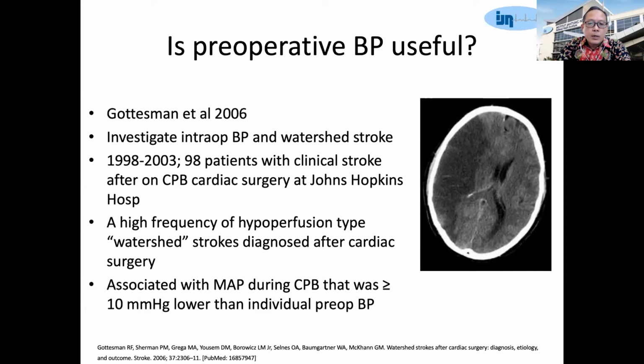When he looked back, he found that the stroke happened even when the intra-op blood pressure was merely less than 10 millimeters of mercury lower than the individual preoperative blood pressure. So certainly, the preoperative blood pressure is not going to be useful for us to determine the adequate perfusion pressure when we run cardiopulmonary bypass during our cardiac surgery.